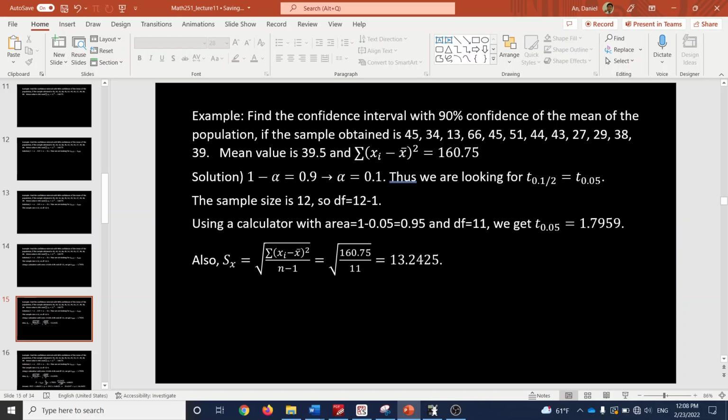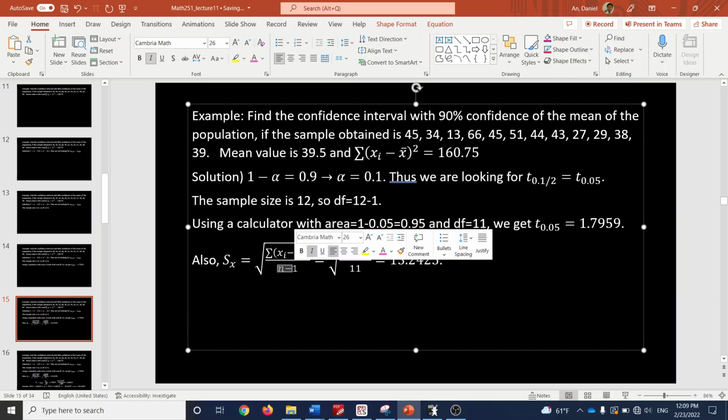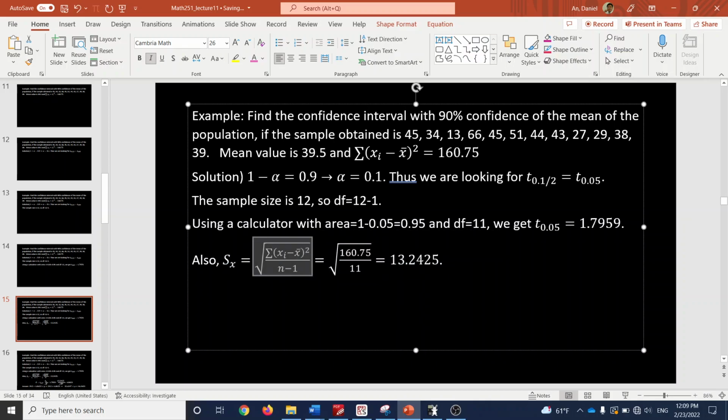And the Bessel's correction n minus 1 is also from the fact that you're using the mean value of the sample to estimate the standard deviation, and that's why you lose 1 degree of freedom. So here in the Bessel correction, this n minus 1 is actually another place where you see the degrees of freedom. I just didn't explain it to you there. So there are many places where you see the degrees of freedom. But let's just take this as a formula. This is the formula for Sx, and you compute this, and you get 13.2425.